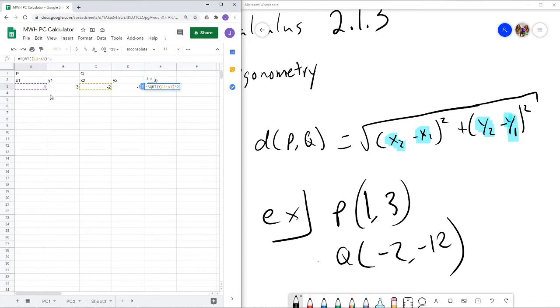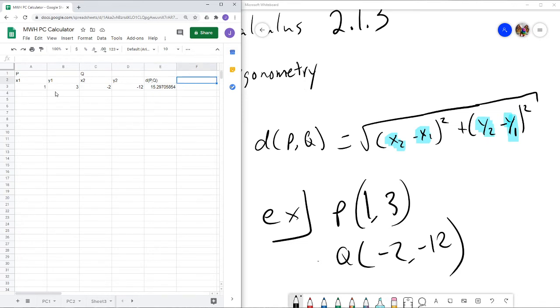Don't forget, you hold shift, then the number 6, to get that exponent. Then we need plus parentheses y2 minus y1 and parentheses quantity squared. Now we need to add one more parenthesis for the square root right here. And we hit enter and we get our answer. Hooray. So we get our nice decimal answer.